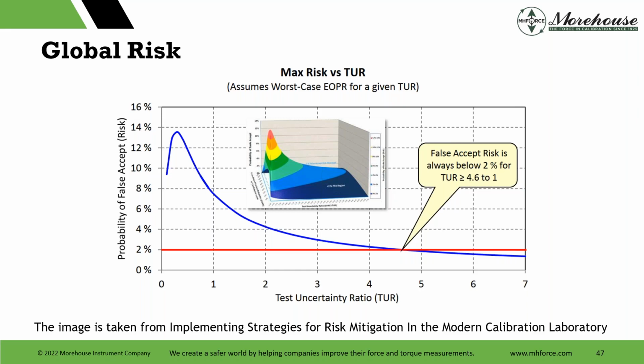You may notice peculiar behavior in this region, and this paper really goes into great detail with this. But the PFA drops because when you get a TUR of less than 1-to-1, the difference between the reference standard and the M&TE is the same, accuracy-wise.